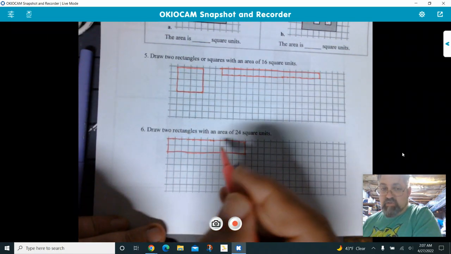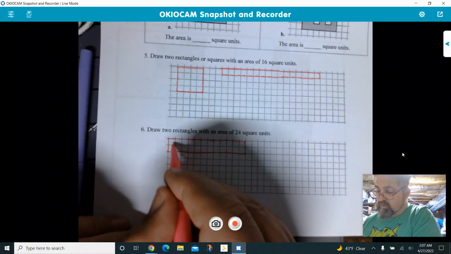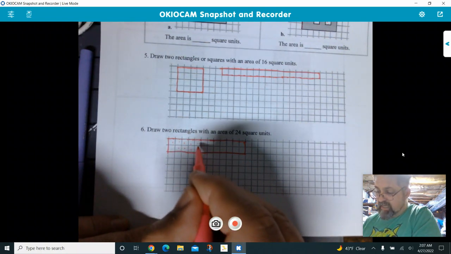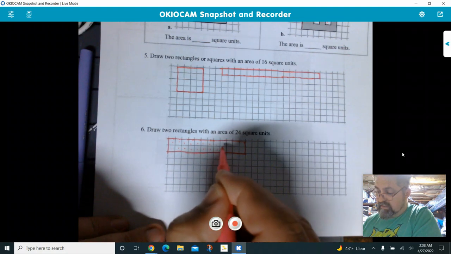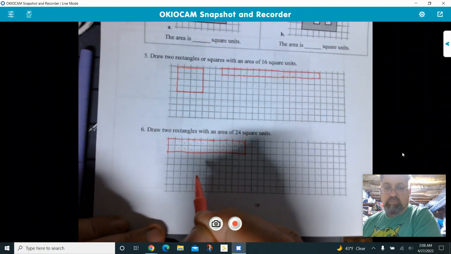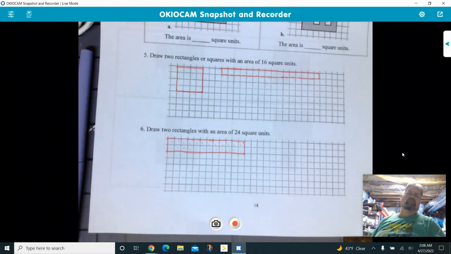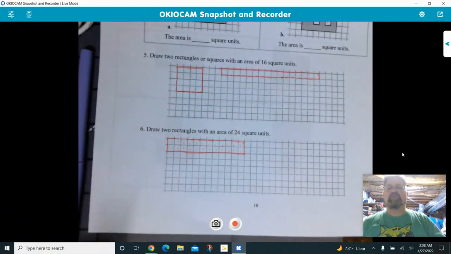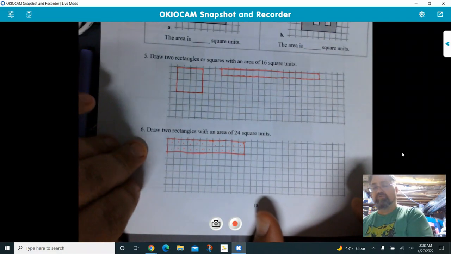This shape has a total area of 24 square units. 1, 2, 3, 4, 5, 6, 7, 8, 9, 10, 11, 12, 13, 14, 15, 16, 17, 18, 19, 20, 21, 22, 23, 24. Whoop, whoop. Y'all draw the next one. But give me another one with an area of 24 square units.